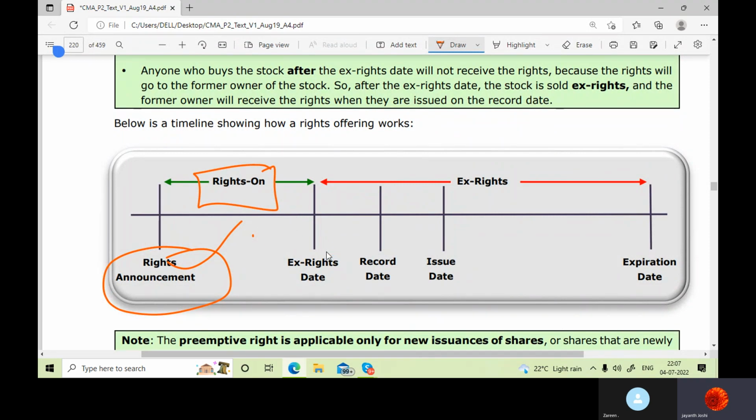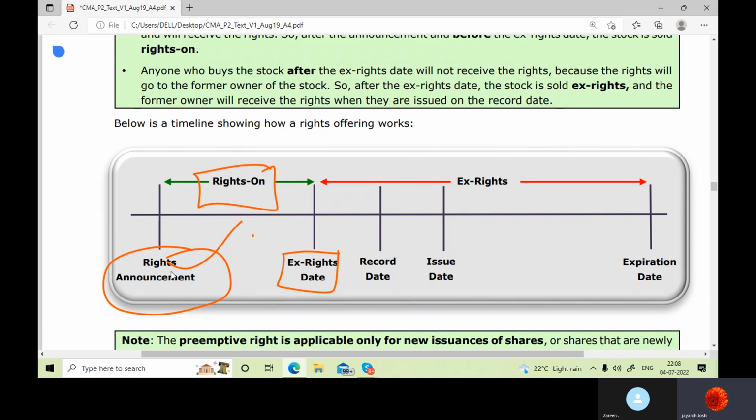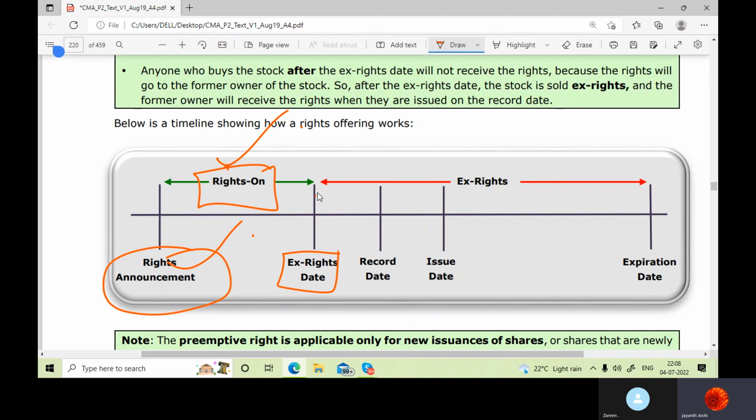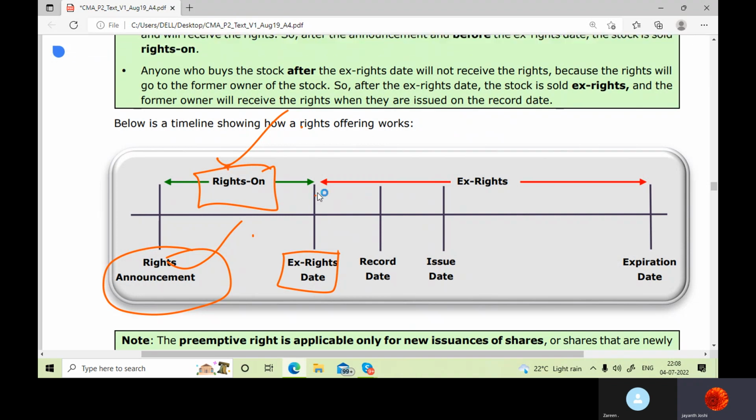Okay, then comes the X rights date. The rights have been announced, that the company is going to go for a rights issue. That announcement is still active, still existing till here.